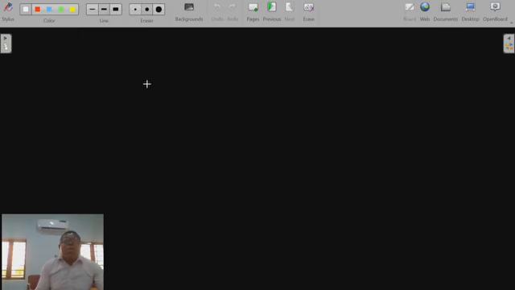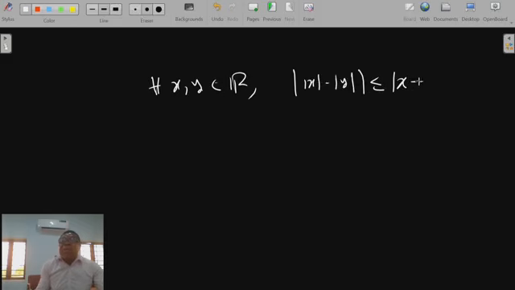We want to justify the fact that for any x, y in R, absolute value of x minus absolute value of y is less or equal to absolute value of x minus y. This is what I want us to justify.